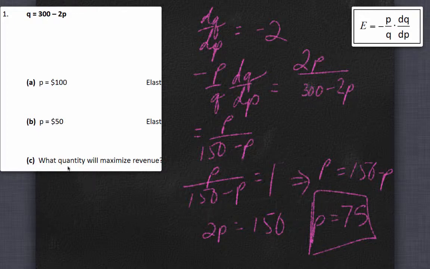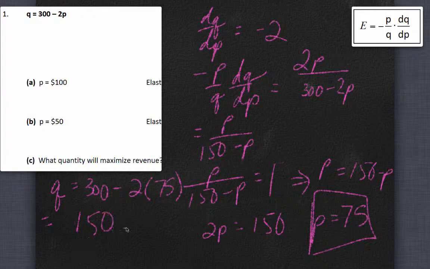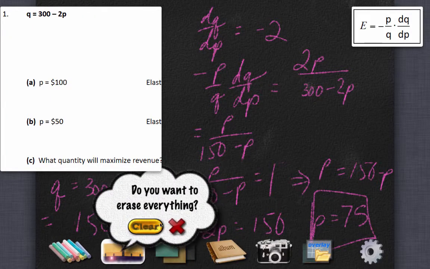So what quantity will maximize revenue? Here we don't have quantity, we have price. So Q, so 150 quantity maximizes revenue.